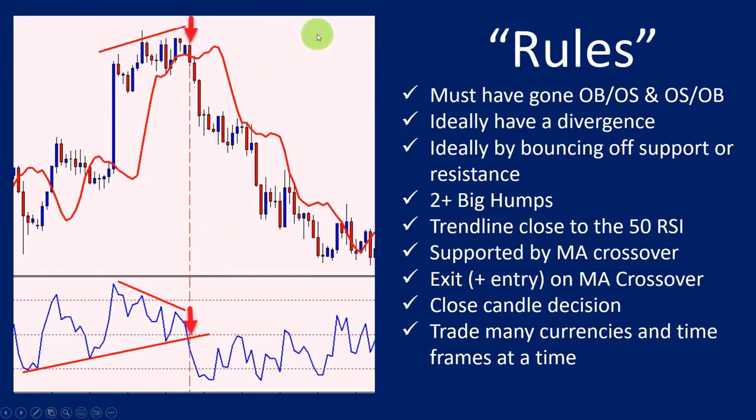So here is the signal, and essentially it's an RSI, set to a period of 4. You draw a trend line over the turning points of the RSI, and when that trend line gets violated or crossed, that is a signal.